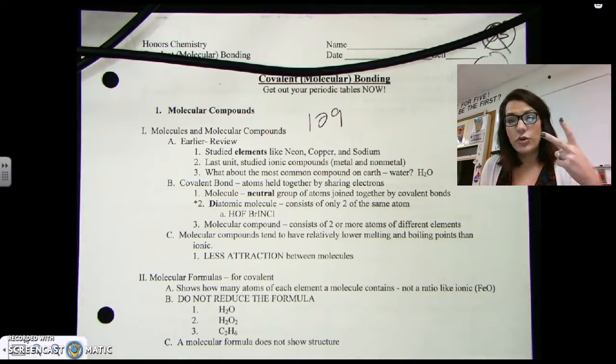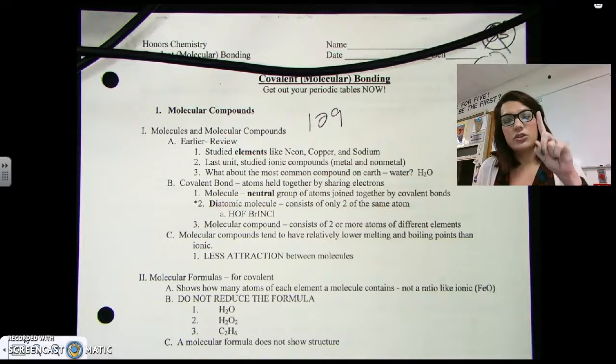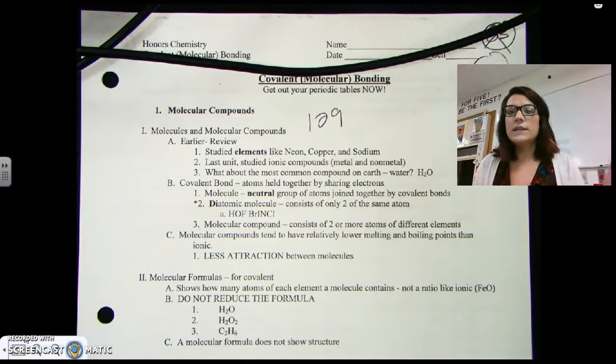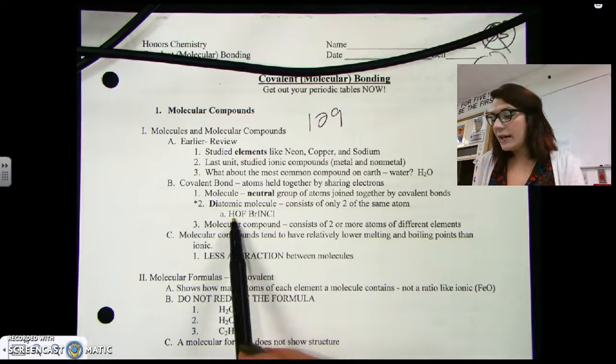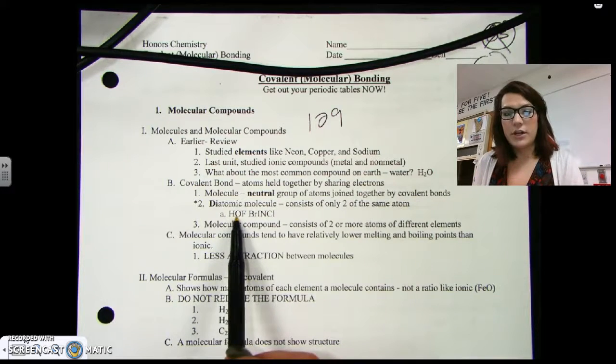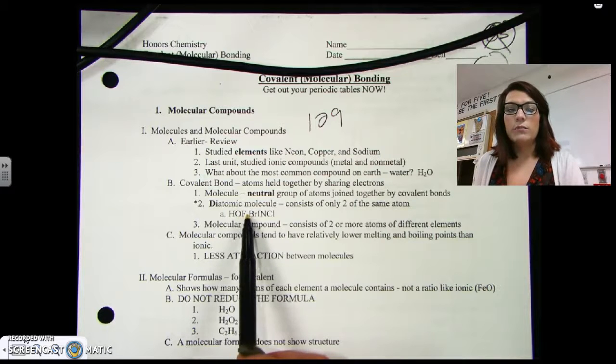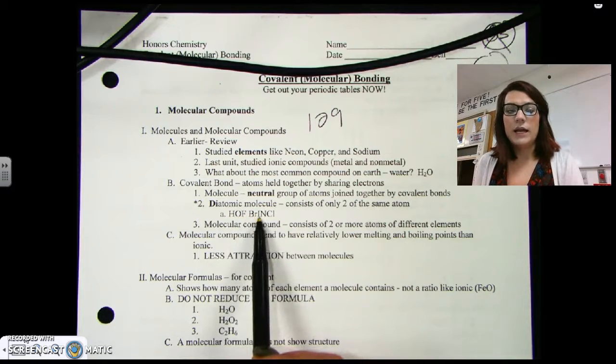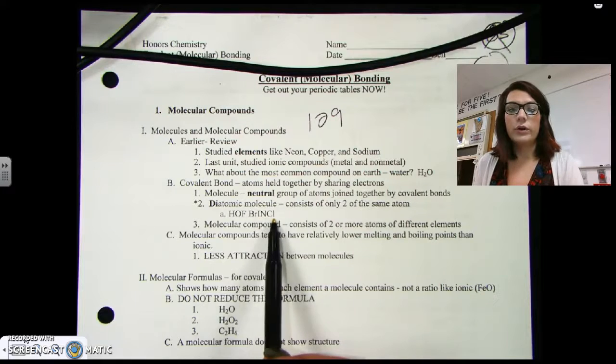Di means two, okay? And these are elements that make diatomics in nature, meaning you never see these elements as just one atom. You always see them combined together, okay? And those elements are, and you need to have these memorized, hydrogen, oxygen, fluorine, bromine, iodine, nitrogen, and chlorine.